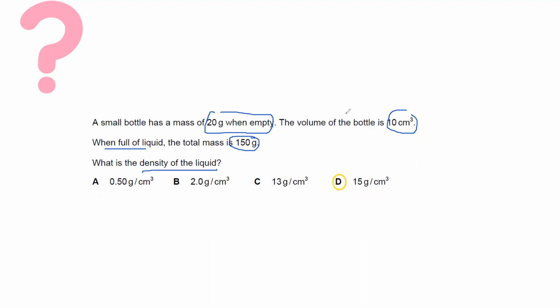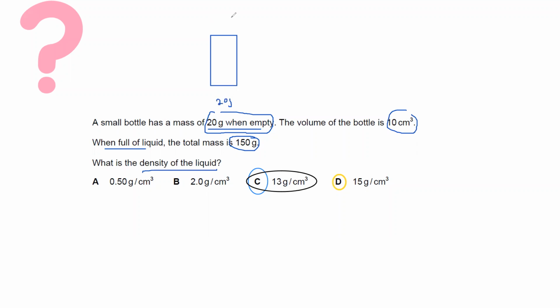First, you should get the mass of the liquid. So when you work out the mass, this is the empty bottle, having a mass of 20 grams.